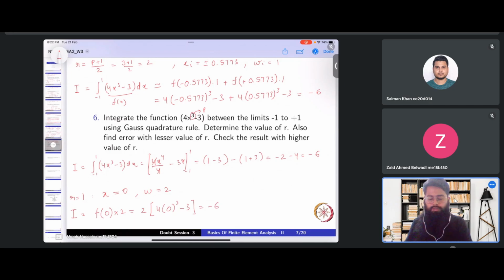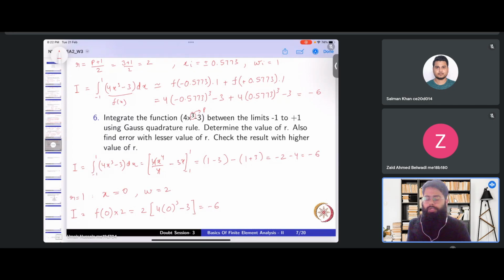Nice. So it seems this function is pretty trivial, and we get an exact solution here at an even lesser value of r. So I think the solution is already converged for r equals 1, and even if we try it for more values of r, 3 or 4 points, we'll get the same answer, minus 6.